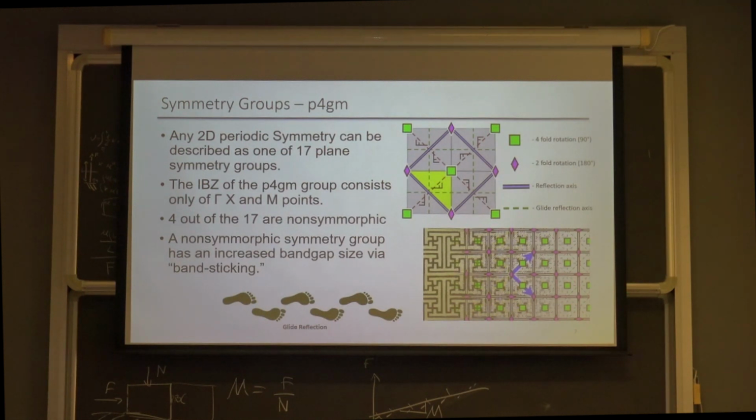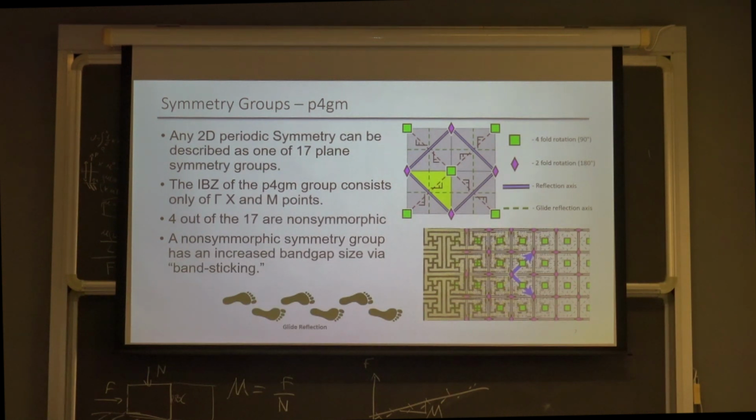And the irreducible symmetry operations are those we need to reproduce the whole structure just from this yellow triangle. So here, for example, we have a mirror. Here we have a 2-fold axis of rotation. Here a 4-fold axis of rotation. And these dashes are the glides. So if it's irreducible, meaning that's the minimum number of symmetry operations that we need, then it's non-symmorphic.